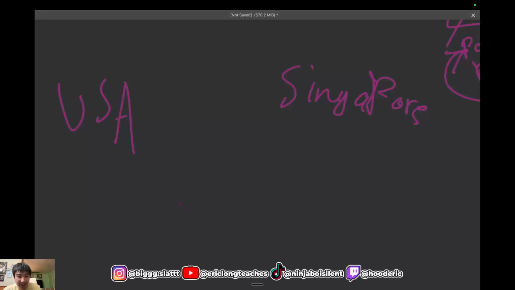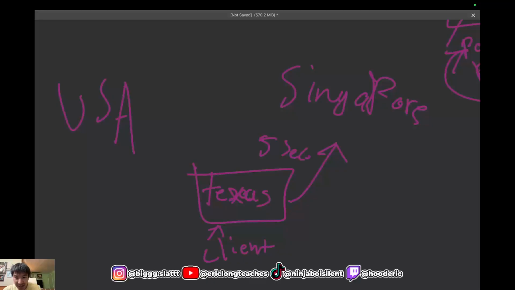When I send a request, let's say I live in Texas, and this is the client. We call users clients. If the client in Texas sends a ping to Singapore, the ping would take probably like 5 seconds, which is a long time for sending pings. Well, if I just send one to the USA, then it would only be like 1 second.